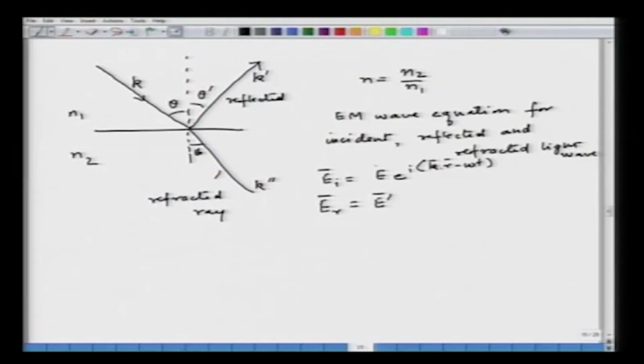I am also not assuming that the magnitude of the wave is going to remain the same, given by k prime, omega prime t, and the transmitted wave is going to be E double prime.